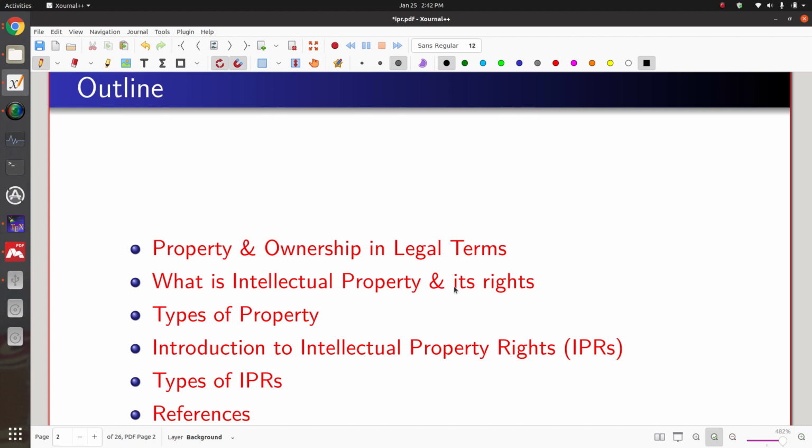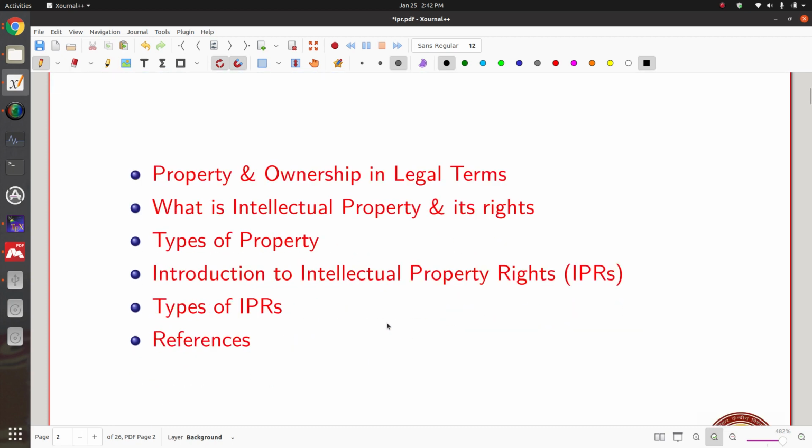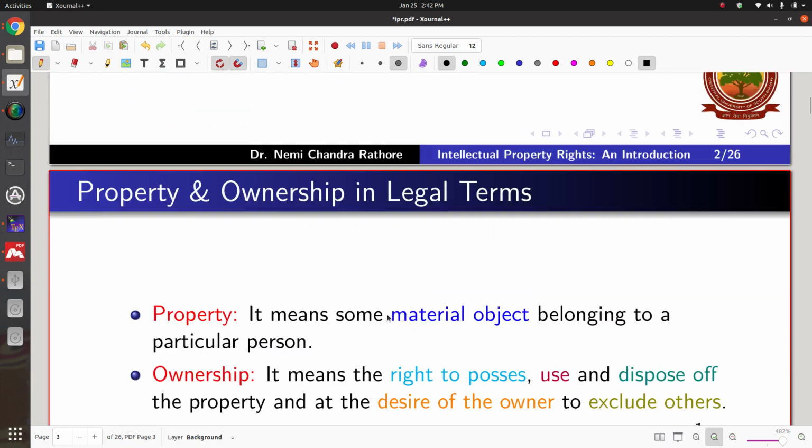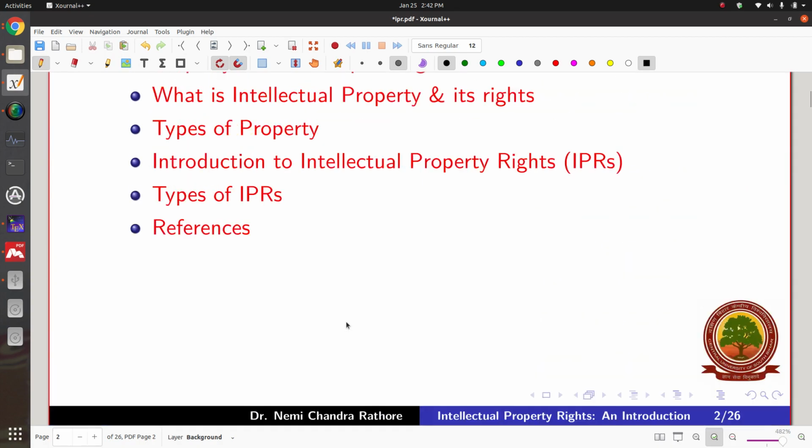Then we will discuss what intellectual property and its rights are. Then the types of properties, that means the types of intellectual properties, actually. And we will also have some understanding of the kind of rights that are given on the intellectual properties, and what types of IPR there are. So these are the set of topics that we are going to discuss.